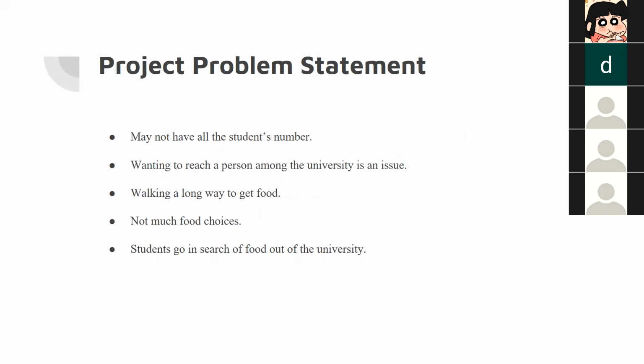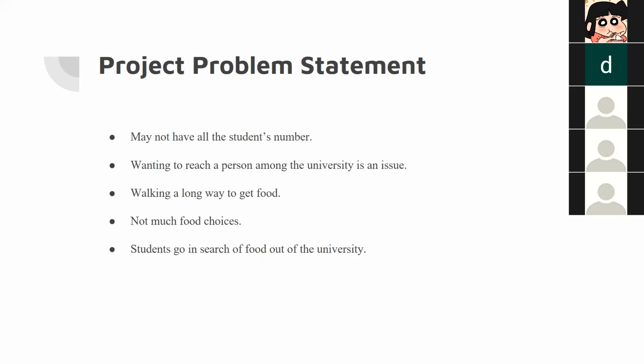Okay, the project problem statement is that students not having a student's or lecturer's number and wanting to reach a person is an issue. Besides that, going all the way up from the ground floor for food and not having many choices has been an issue to UniMy students. UniMy's social networking website is specially designed for UniMy students to overcome these problems.